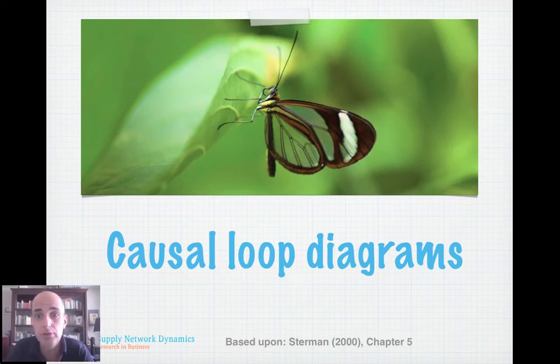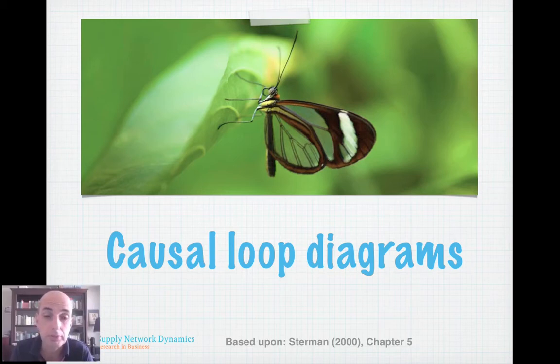That's usually all you need to explain why the model behaves the way it does, even though there may be hundreds of variables in them and hundreds or more loops connecting all those variables. And that's the way that Jay Forrester, who originally developed system dynamics, used causal loop diagrams to explain the main driving forces in the model.